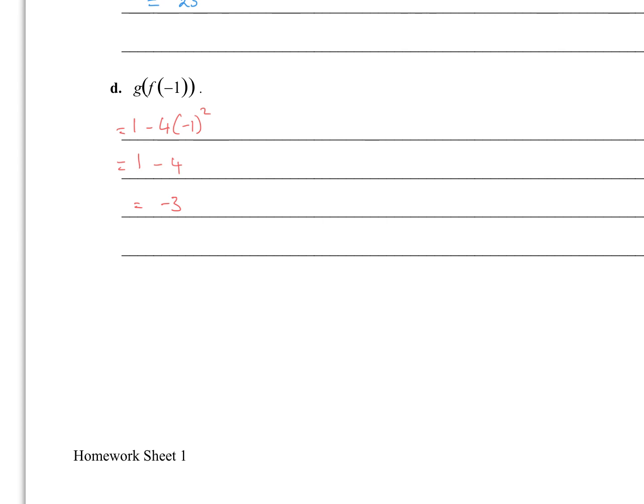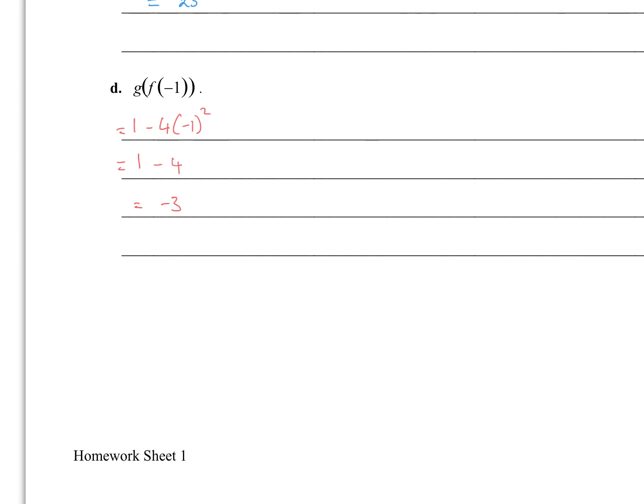Second one. Substitute f of x into g of x this time. So I've got my 1 minus 4x, and instead of putting in x, I'm going to have x squared there. So I just get, I guess I could tidy that up with 1 minus 4x squared.